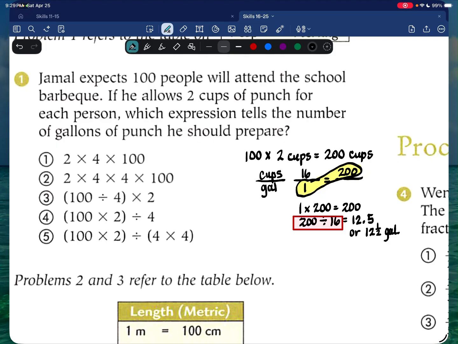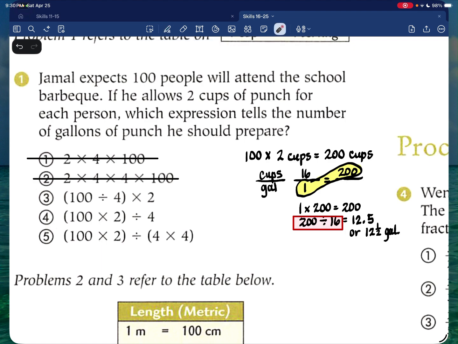Number 1 is out because there's no division. Number 2 has no division. Numbers 3, 4, and 5 do have division. So we need 200 divided by 16. This one is 100 divided by 4.